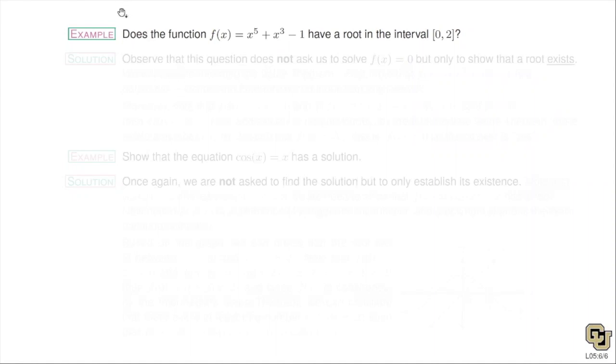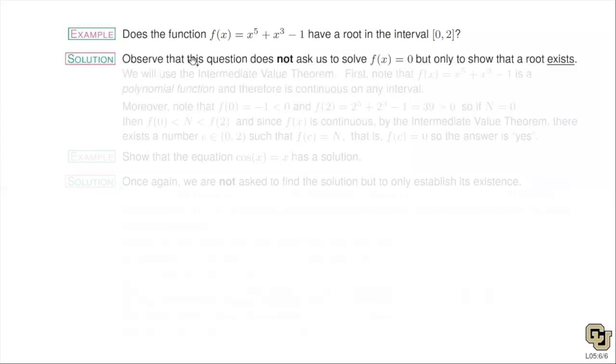So remember, when we're looking for a root, we're trying to find an x-intercept. Now, one very subtle point that you have to pick up on here is this problem is not asking us to find the root, only to prove that such a root exists. So we have this x-intercept problem here that we're trying to solve.